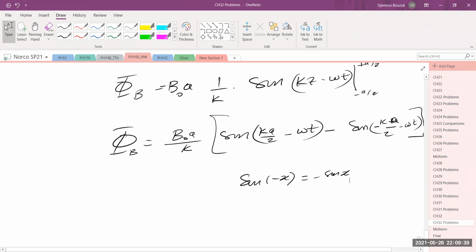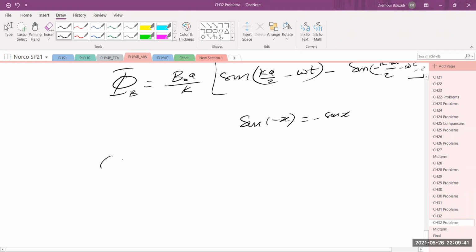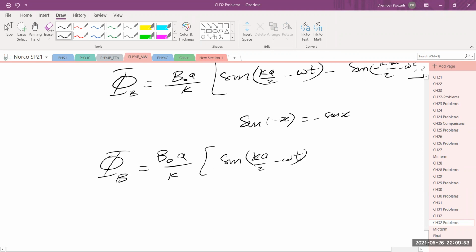So what we ended up with is the following thing in here when we do the algebra. Phi B is equal to B naught A over k times, again, open parentheses, sine of ka over 2 minus omega t plus sine of ka over 2 plus omega t. They gave you a trig identity.